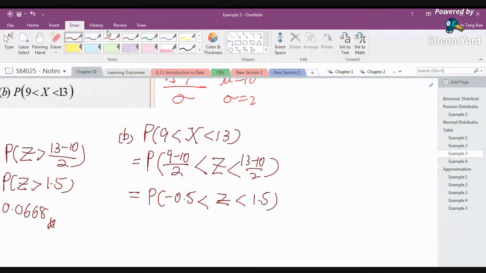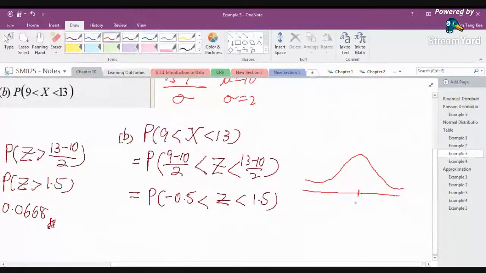Once we reach here, after our standardization is simplified, again we observe the bell-shaped diagram and see which regions are referred to. Middle is 0, negative 0.5 on the left, 1.5 on the right, and this is the region that we're supposed to have.